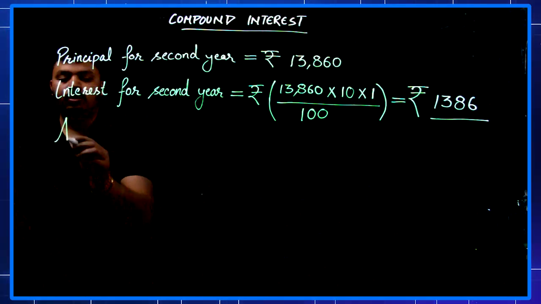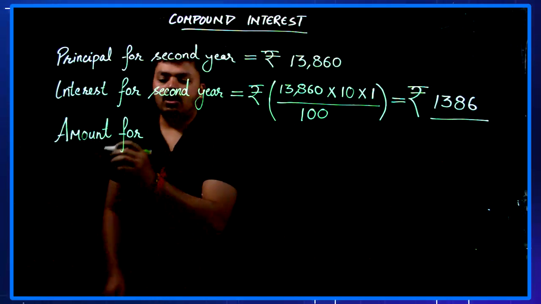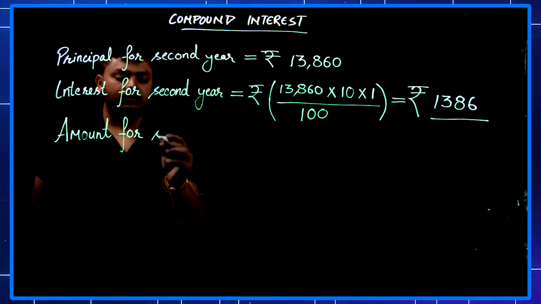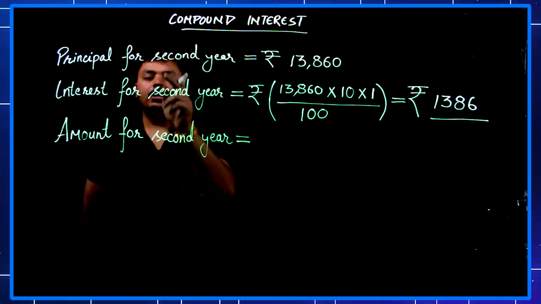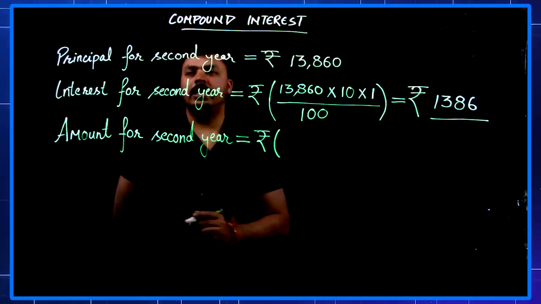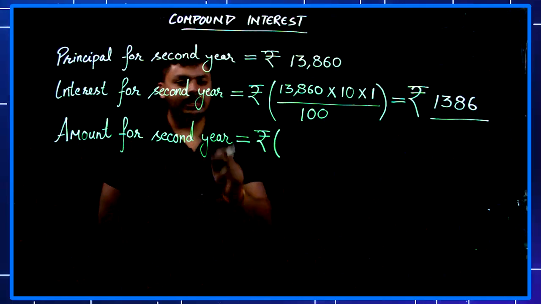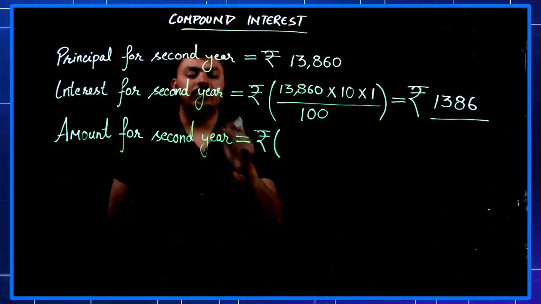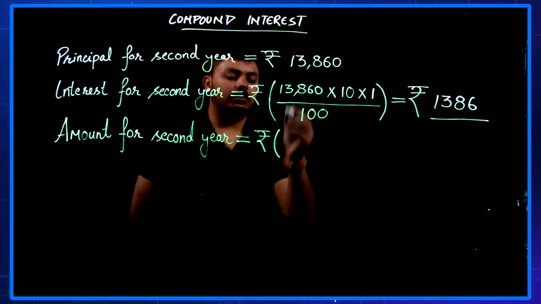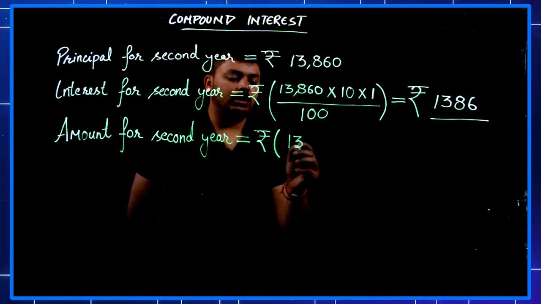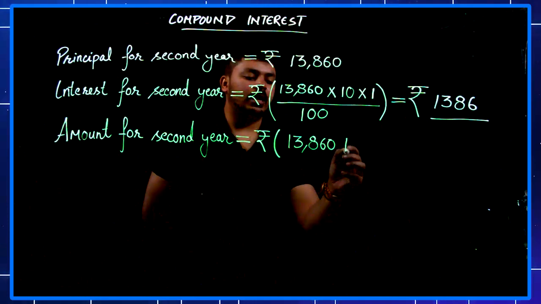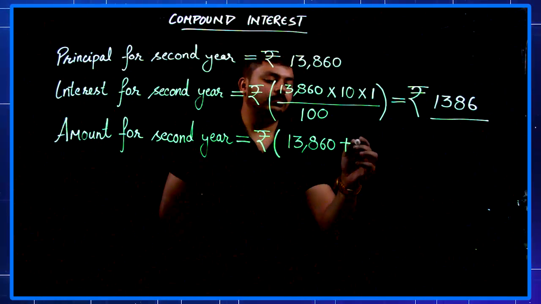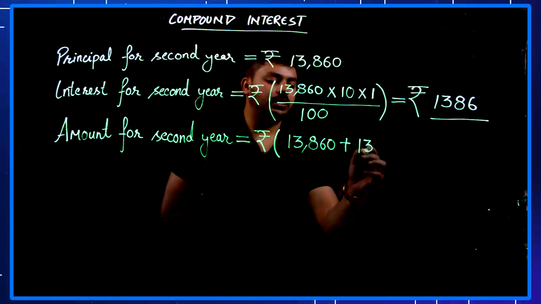So now the amount for the second year. So now amount for the second year equals principal plus interest. That is the principal for the second year plus the interest for the second year. So the principal is rupee 13,860 and interest is rupee 1,386.